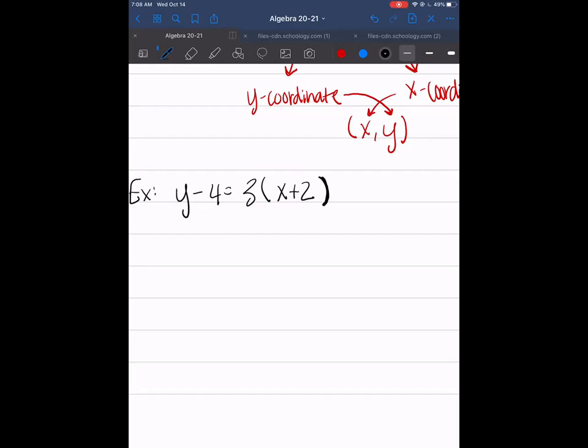What was the point and what was the slope? So I know that I need an m, and then I need an x and y. That's what I'm looking for.